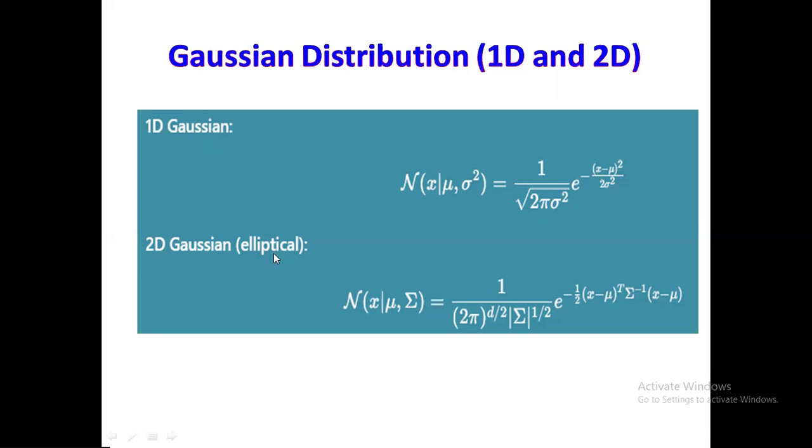And in 2D, the Gaussian, which we can call elliptical, N(x | mu, Sigma) = 1 divided by (2 pi) to the power d by 2, times modulus of Sigma to the power 1 by 2, times e to the power of minus half (x minus mu) transpose Sigma inverse (x minus mu). This formulation accounts for the direction and magnitude of spread using the covariance matrix Sigma, and it is particularly useful in modeling real world multivariate data.